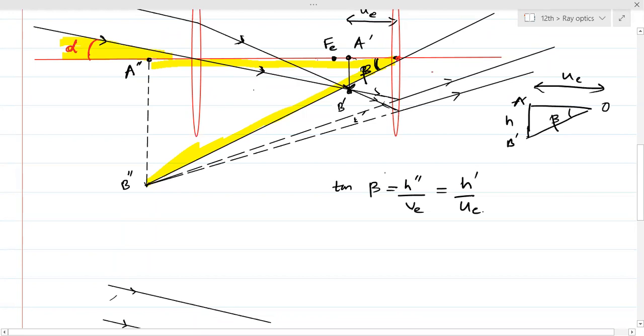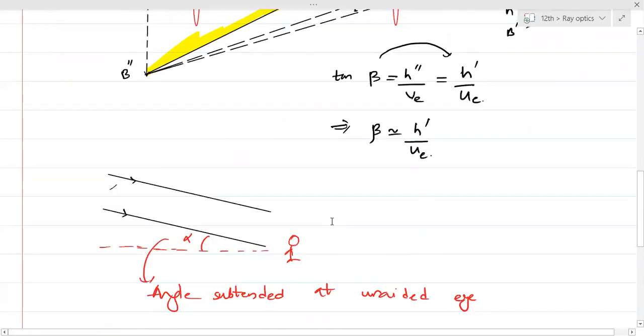So can I say that tan beta is equal to h dash upon UE? That implies beta is almost equal to h dash upon UE. Yes? समझ आया ना? ठीक है.